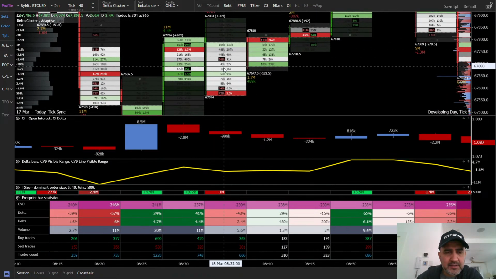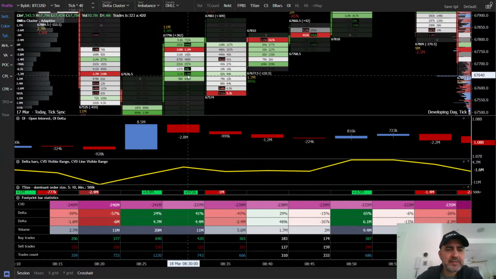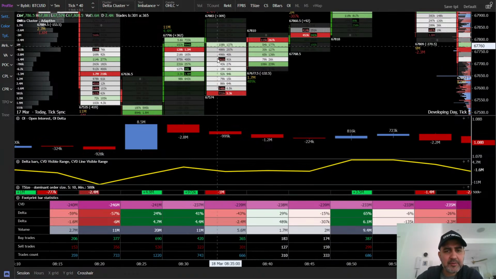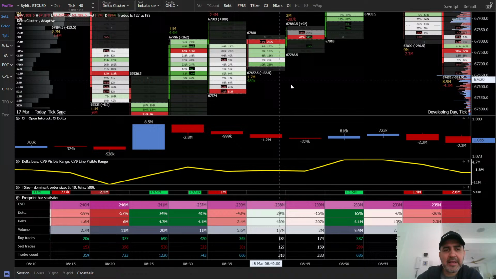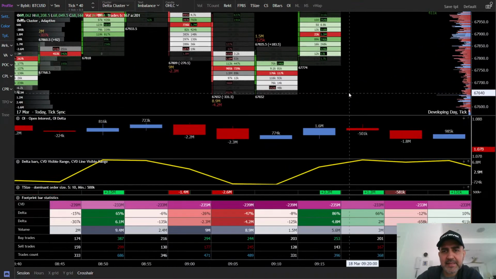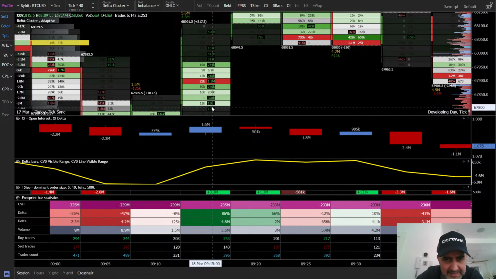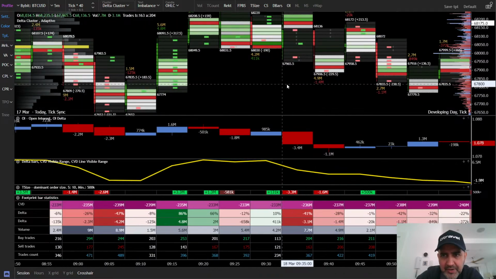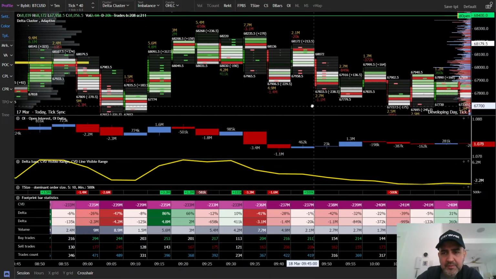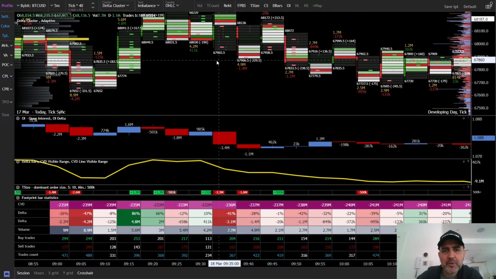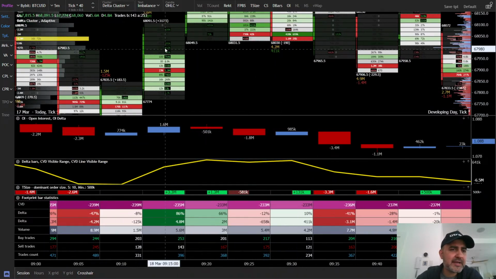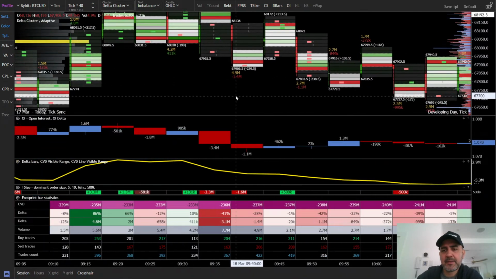So when the price actually came back, those imbalances will offer support as the price comes back. When you see imbalances like that, like here, look at all these imbalances. As the price comes back down, it finds a little bit of support because it's trying to fill those prices.